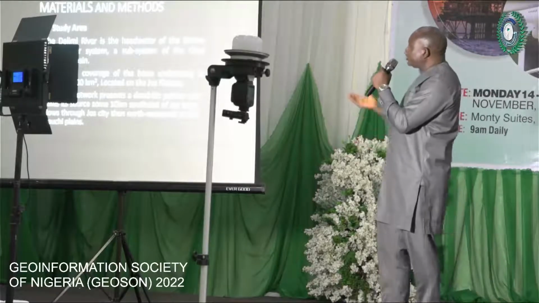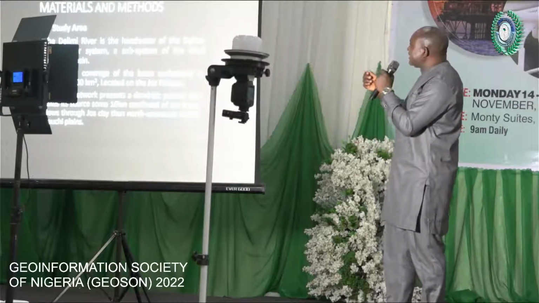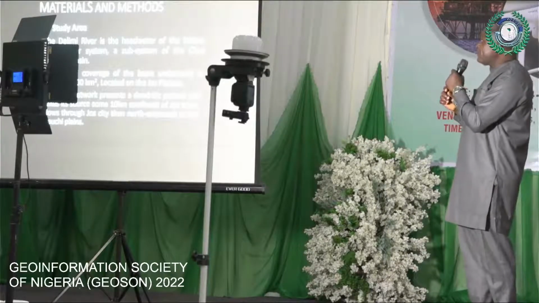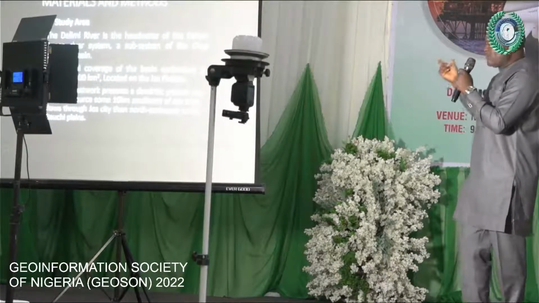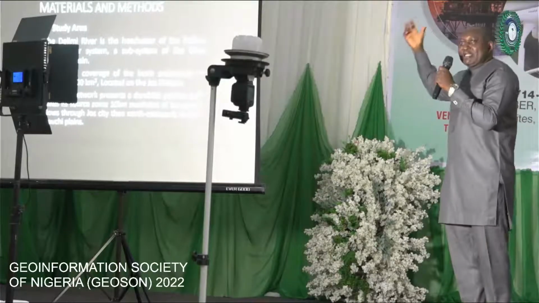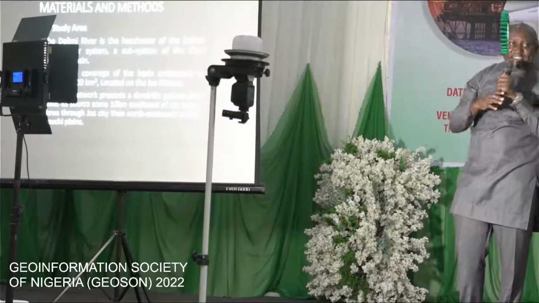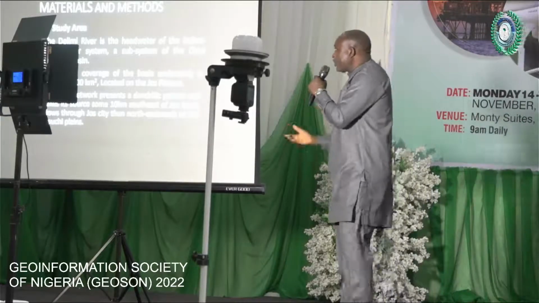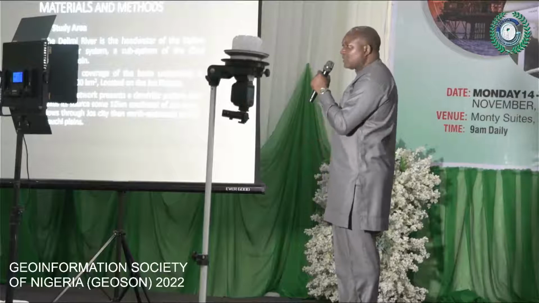Okay. The study area, that's the Dilimi River, is the headwater of the Dilimi Bunga River system, a subsystem of the Chad drainage. That is, from Jos, that catchment ends up at Lake Chad. And there are frequent incidents of flood in Jos.